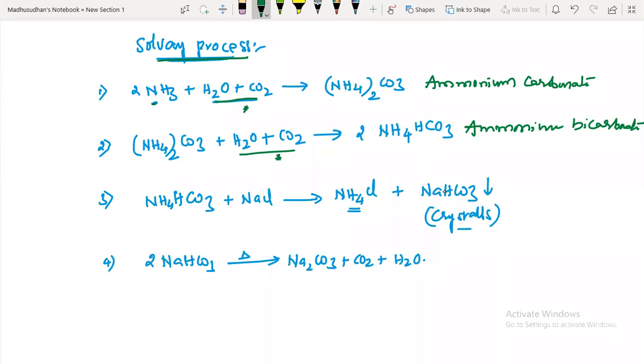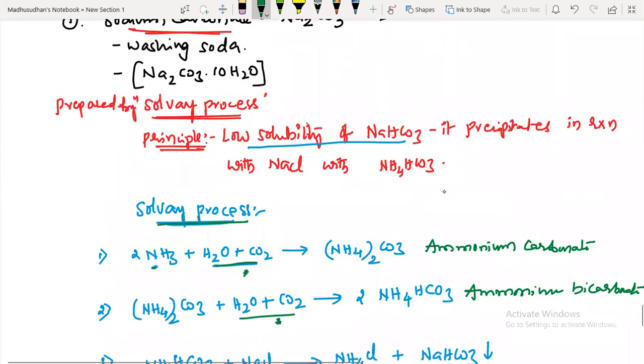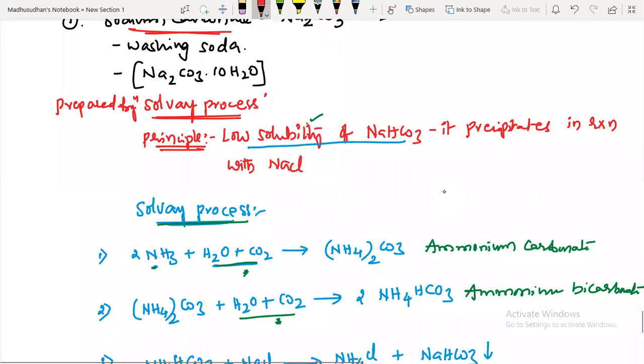This ammonium bicarbonate on reaction with sodium chloride. Due to the low solubility of sodium bicarbonate, it precipitates in reaction with sodium chloride.